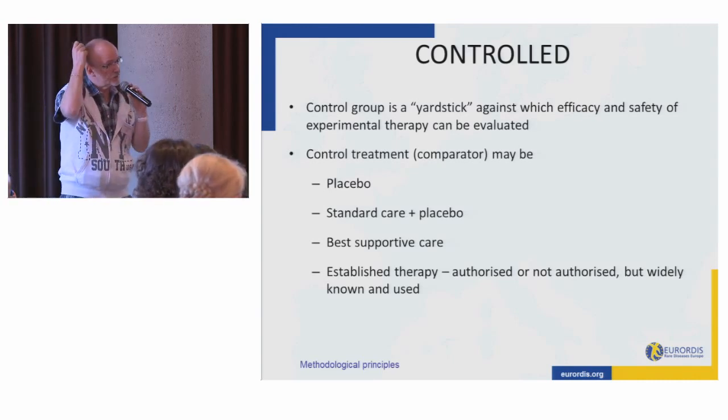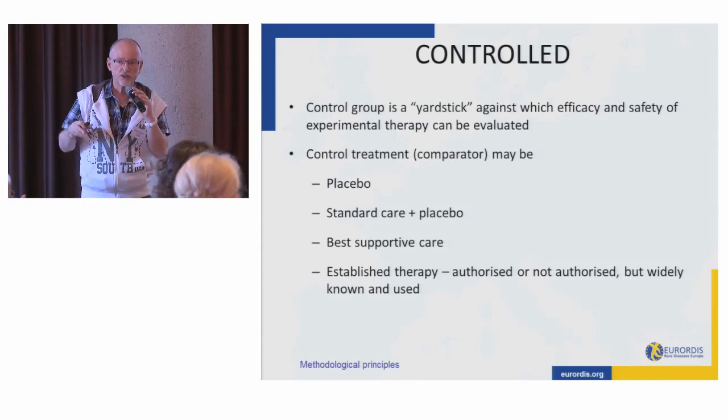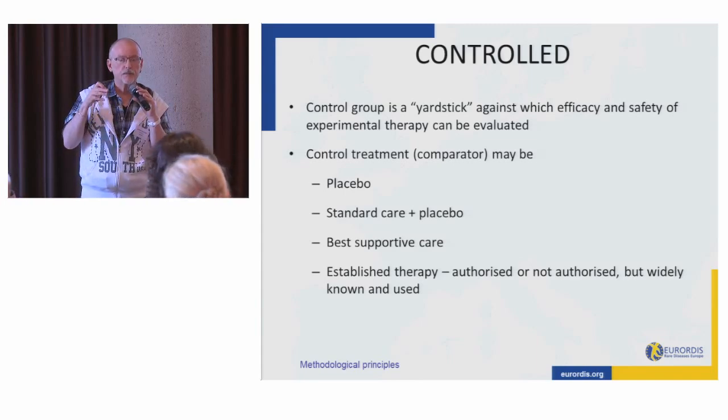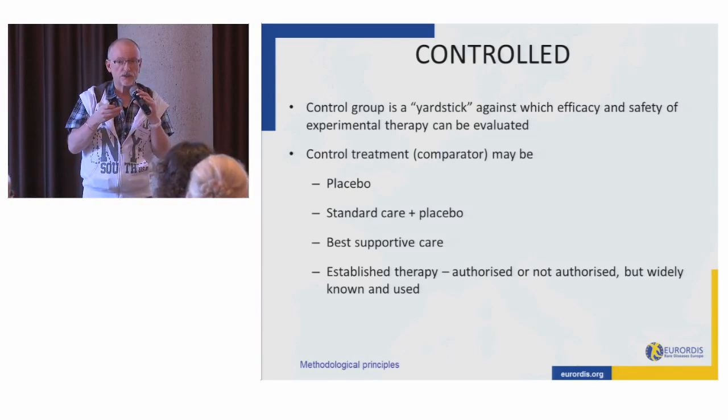There are ways that you can get an idea how the new treatment works in relation to available therapies without direct comparison. Again, we would then revert back to what we discussed yesterday about meta-analysis.